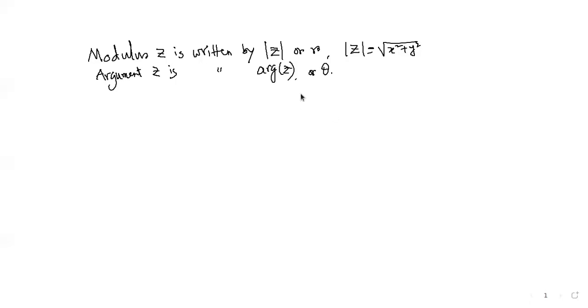So theta lies between what? Theta lies between, for example, 0 to twice pi, isn't it?